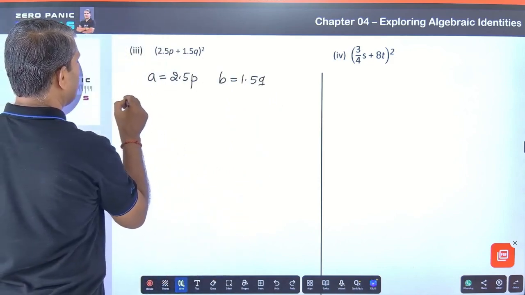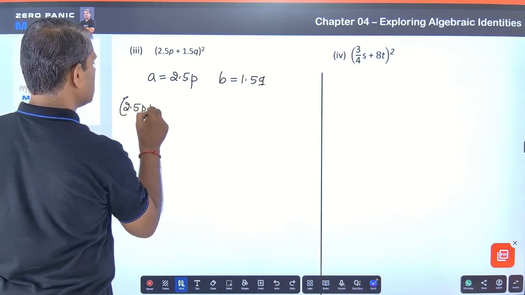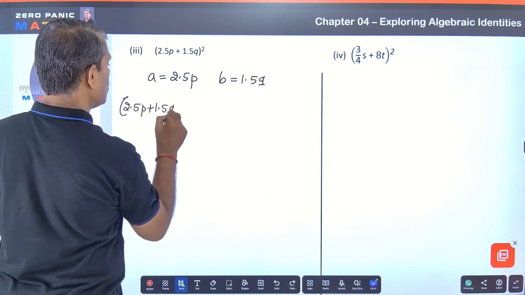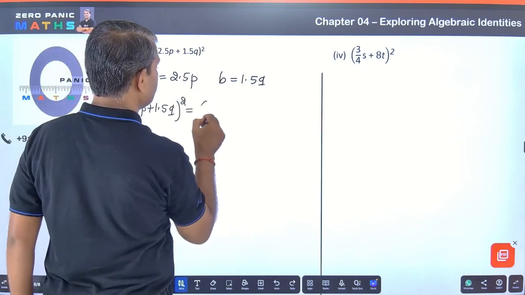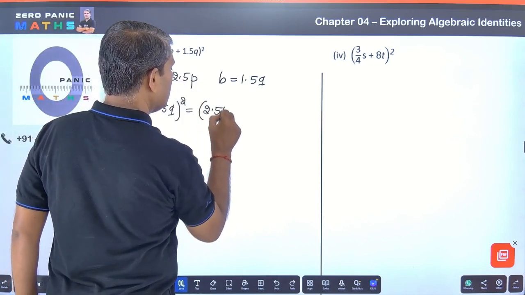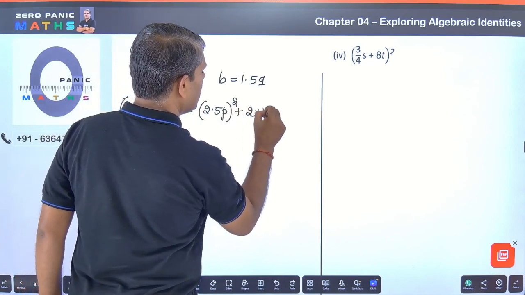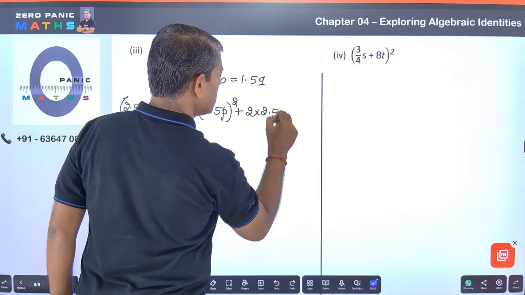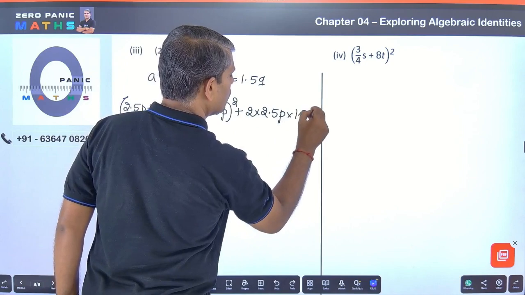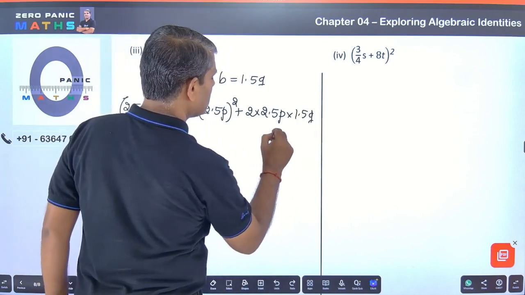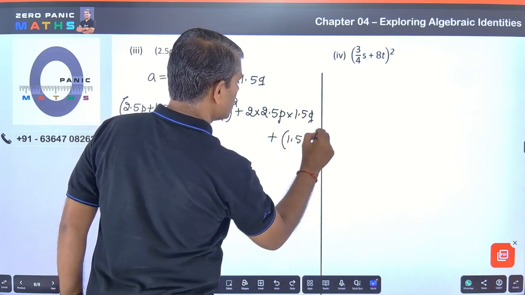Now I can write this as (2.5p plus 1.5q) whole square is equal to a square, nothing different here. 2.5 whole square, 2 multiplied by 2.5p with 1.5q, plus b square, which is (1.5q) whole square.